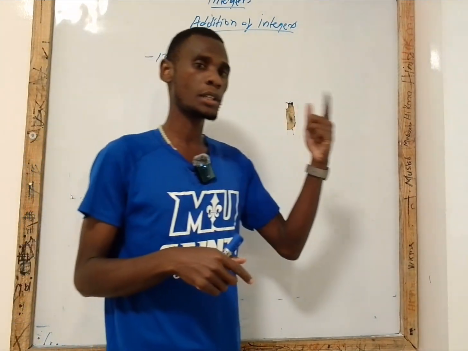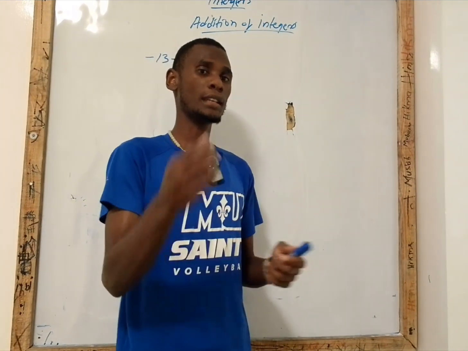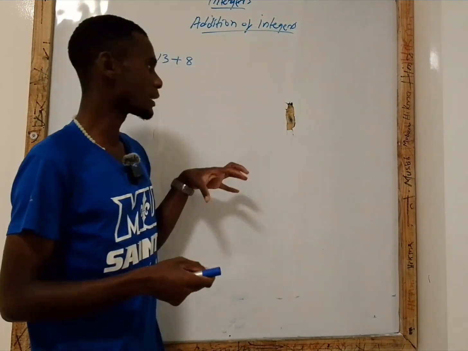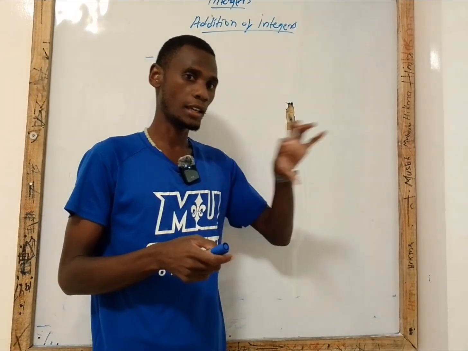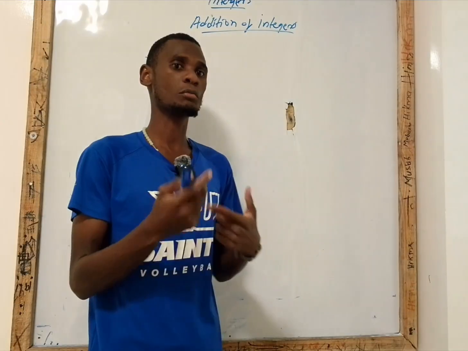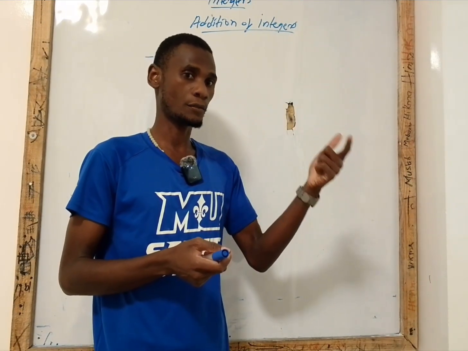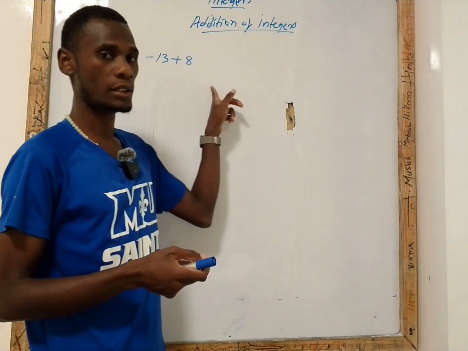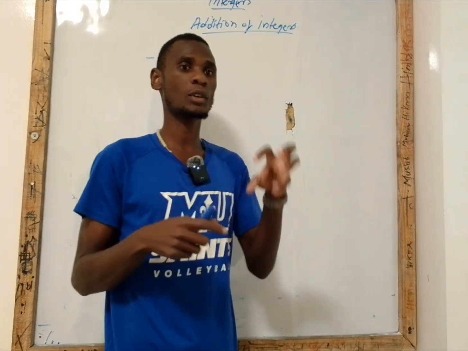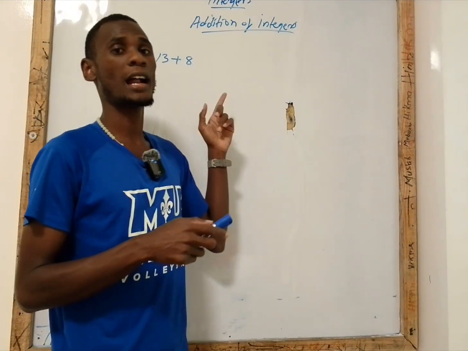You are going to pay 8 shillings, but you are still going to remain with a debt of 5 shillings, which is still a debt. That is how negatives work. Anytime you're dealing with a negative, know that you are working with a debt. But we want to solve this one using a number line.